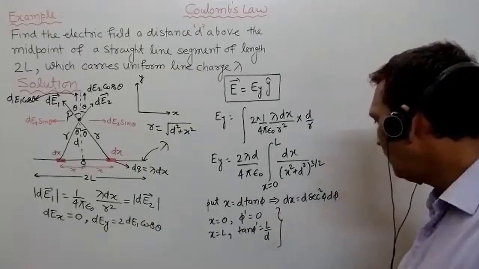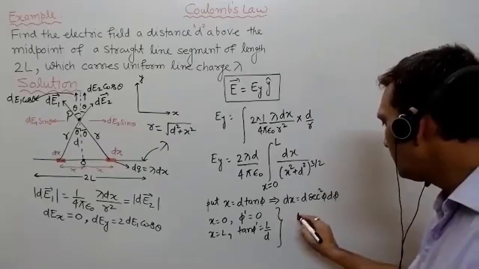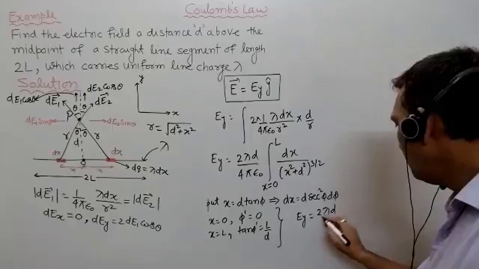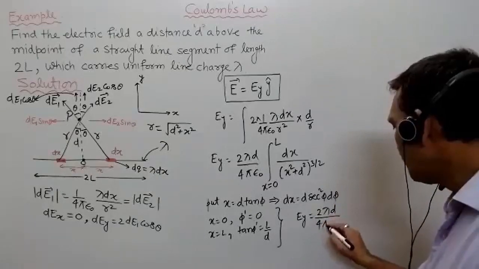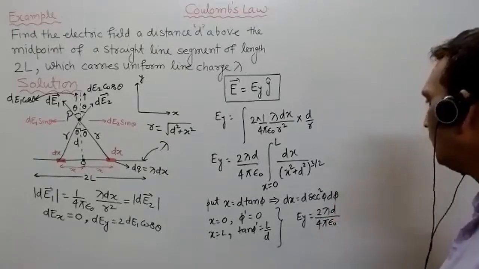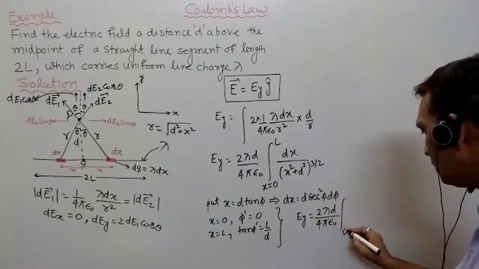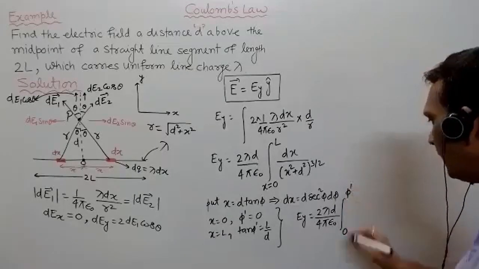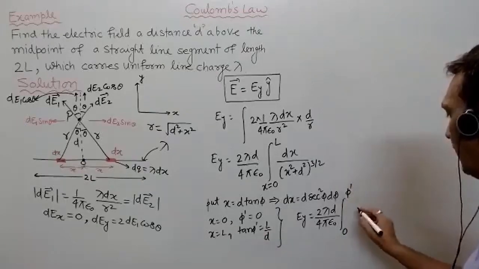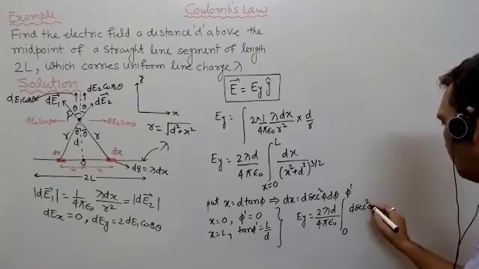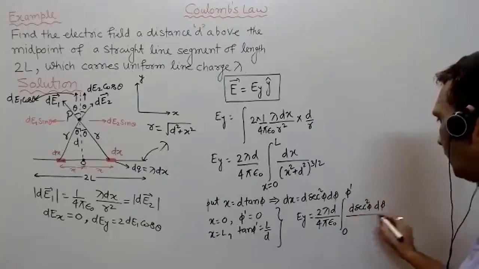So now the integral, this Ey, will be twice lambda d by 4 pi epsilon naught, and the limit will be 0 to phi dash, and dx is d sec square phi d phi.